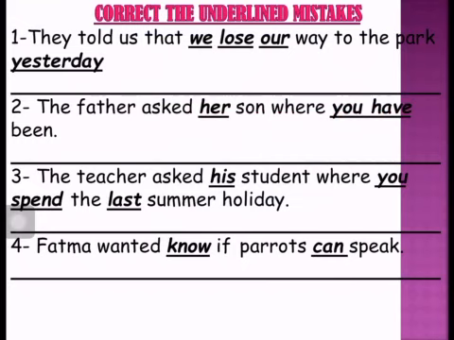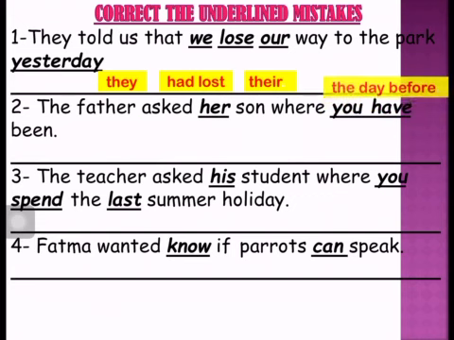So we changes according to the speaker, so it will be they. Lose is in the past. It is not in the present. Why is that? Because I have yesterday here. So yesterday shows us that the tense is in the past and the past changes into past perfect. Our changes into their according to the table I started with, and yesterday becomes the day before.